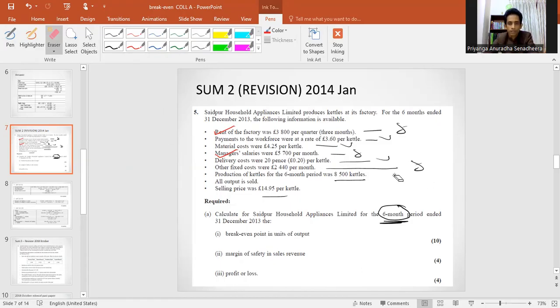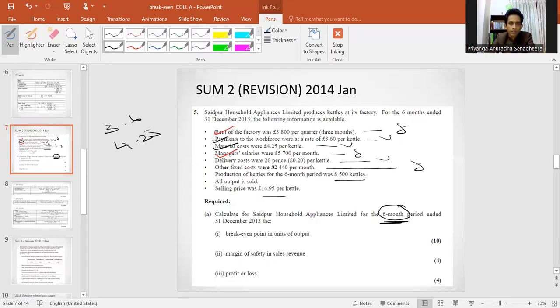The variable cost will be the variable part. First one is 3.60. Then the second variable will be 4.25. And third variable 4.25.